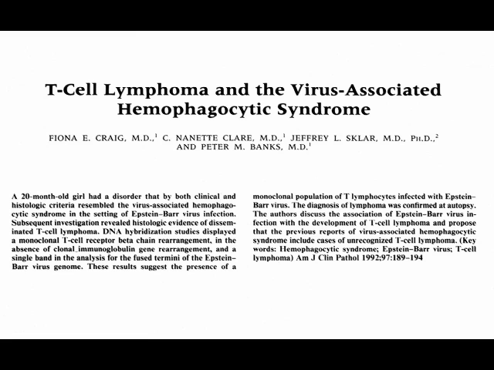Another thing to be aware of is that in some T-cell lymphomas, there is an associated virus-associated hemophagocytic syndrome. This was first described in a paper back in 1992 by Dr. Peter Banks, another former resident or fellow in surgical pathology from this institution.